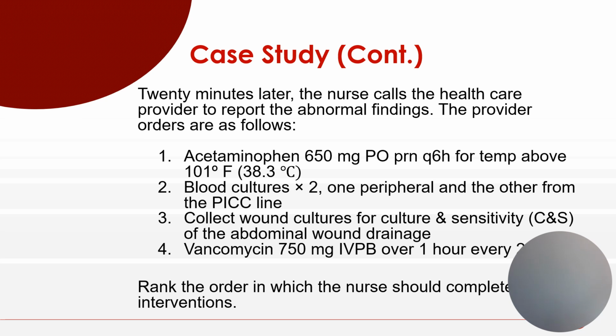So we're going to obtain all of our cultures first. So that means 2 or 3 could be done first. We need to get the blood, wound, urine, sputum cultures, etc. Then we should administer antibiotics, and all of this should be done within 1 hour as we begin to manage sepsis. And then we can treat the elevated temperature.